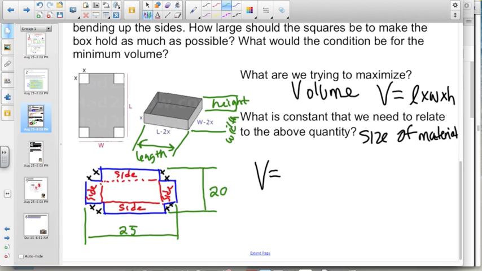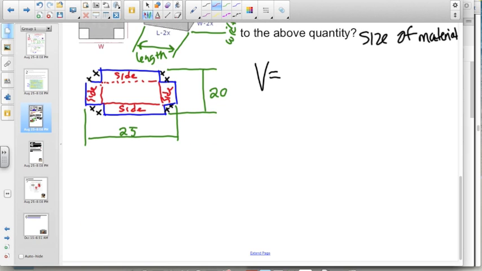So if we cut up these corners X's, and this is 25 inches, then what is this remaining part here? If we cut off a distance X and cut off a distance X, the bottom of the box then becomes how long? Exactly, this becomes 25 minus 2x. And what about the width of the box here?